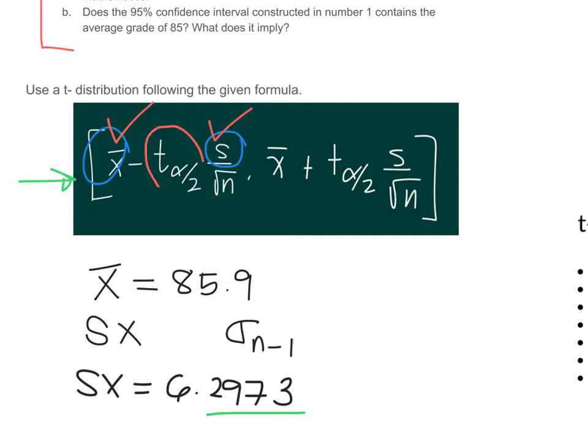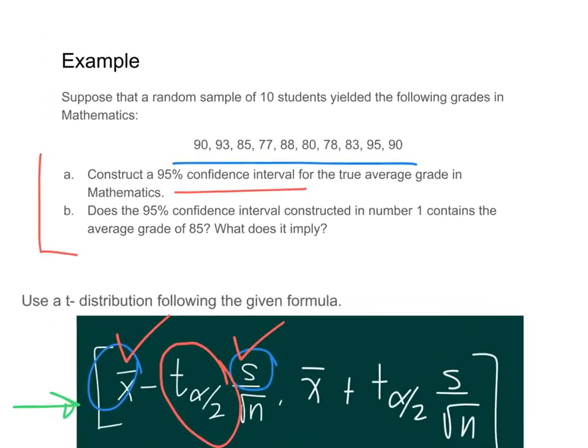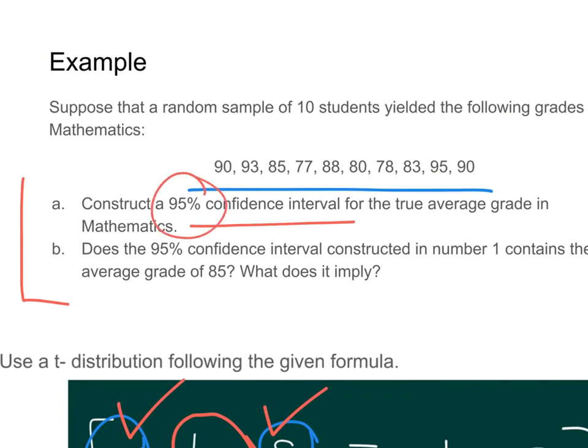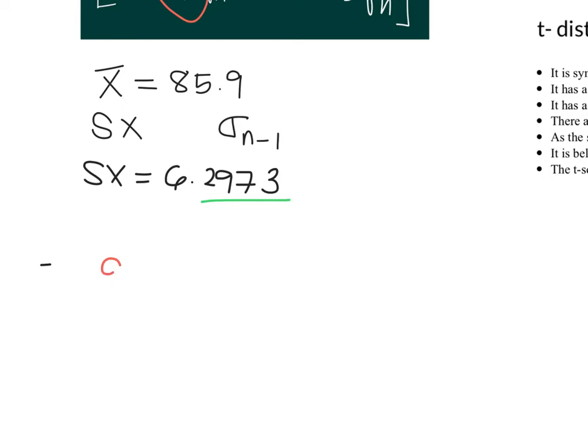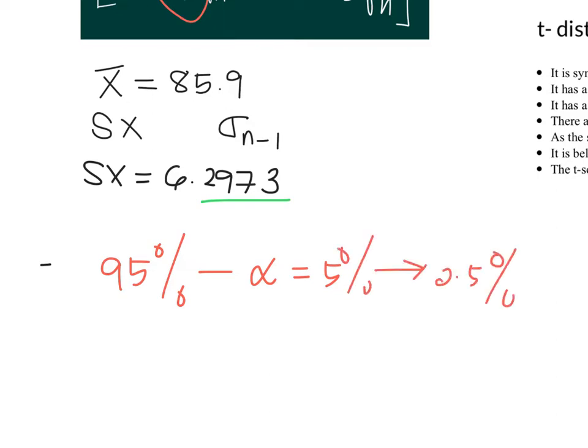Now let's find the t of alpha over 2. In this task, we are supposed to create a 95% confidence interval. That means our confidence level is 95%, the alpha is 5%, so the alpha over 2 is 2.5%.